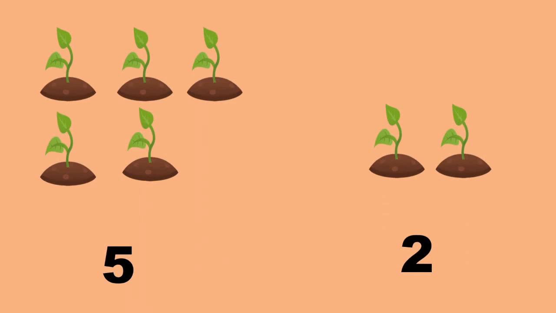Now student, let's understand this concept. Salma already has 5 seedlings in her garden, and her teacher gave her 2 more seedlings. So now we have to find how many seedlings Salma has in her garden. Altogether means we have to do addition. So now here we have to identify the bigger number.